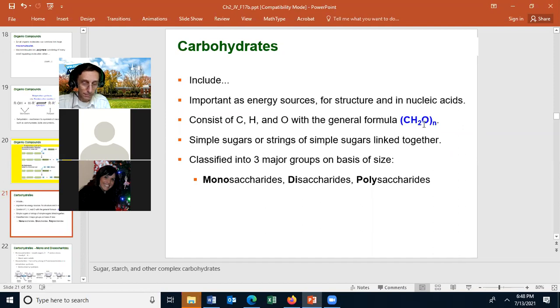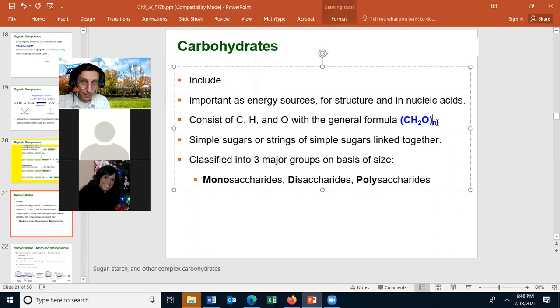Like for glucose, this general formula will repeat 6 times. So glucose has 6 carbons, 12 hydrogens, and 6 oxygens. And that's also true for starch, but starch would have maybe hundreds of repetitions of CH2O. Okay? Any questions about any of that?